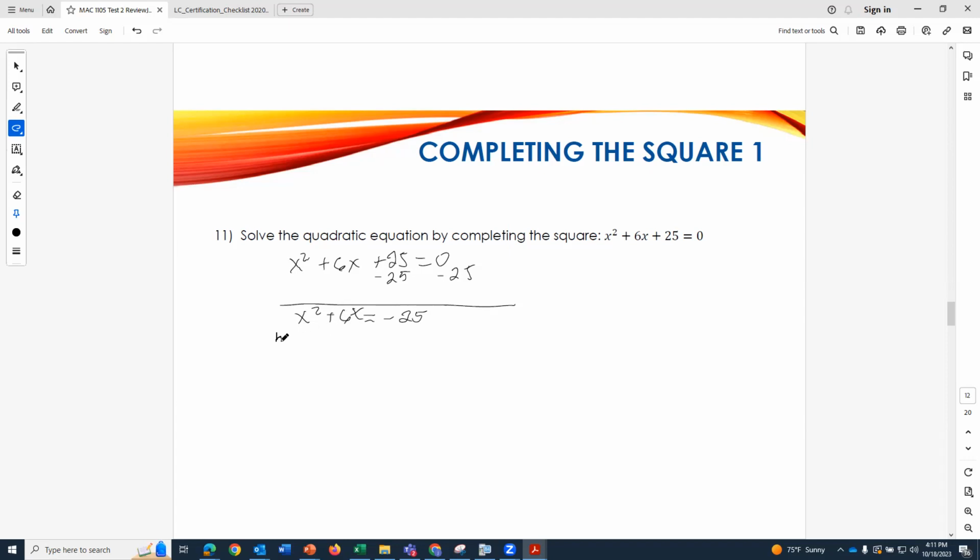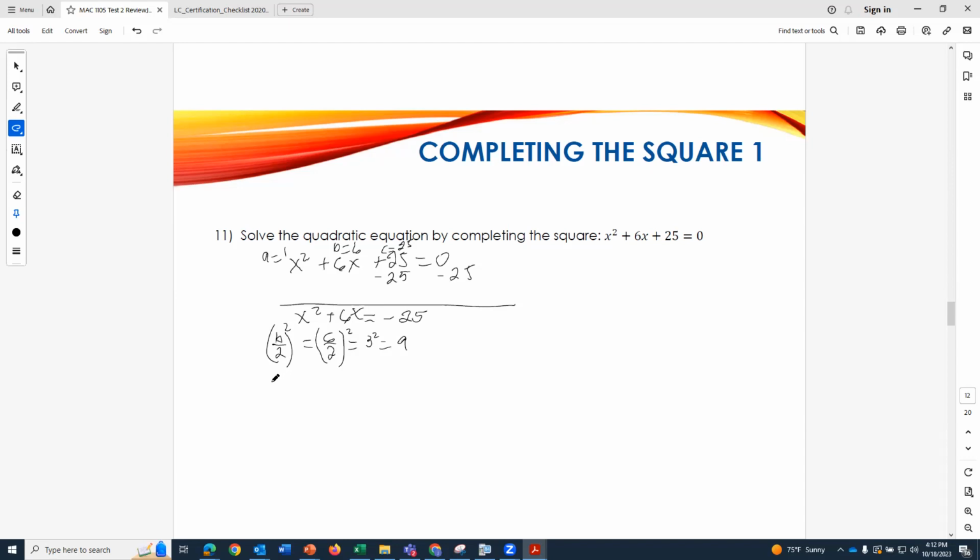Then we look for a number that can make this a perfect square. This number will be (b over 2) squared. Remember, a is 1 here, b is 6, and c is 25. So b over 2 squared is 6 over 2 squared, that will be 3 squared, which is 9.